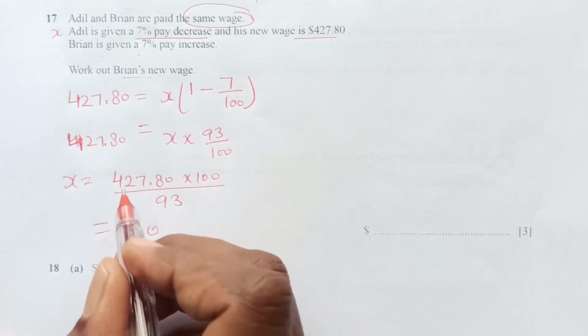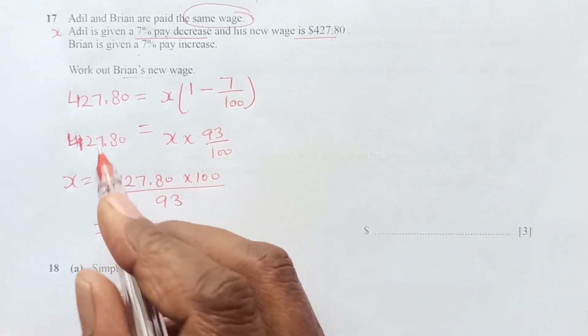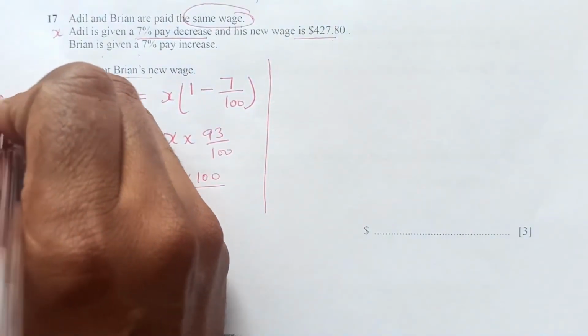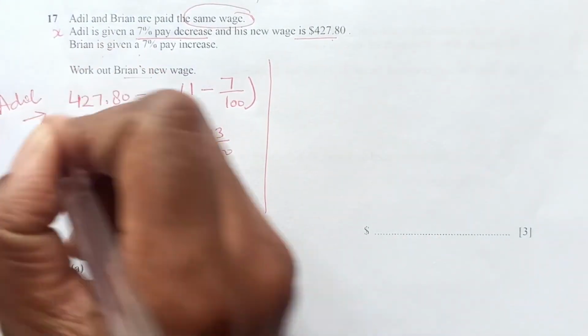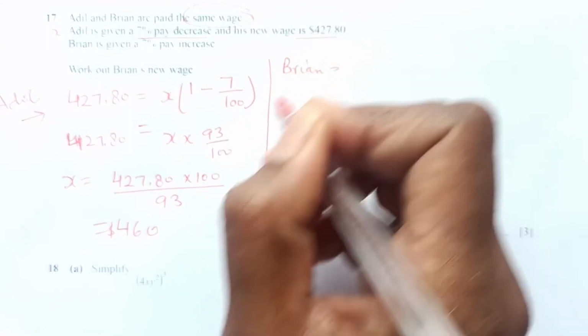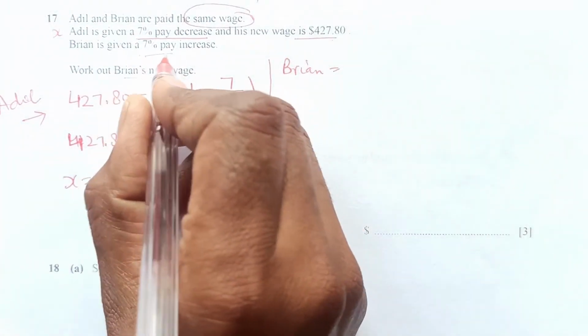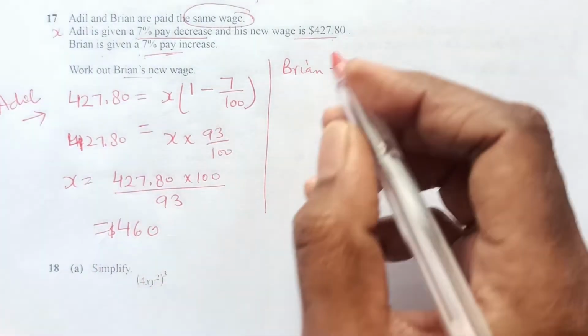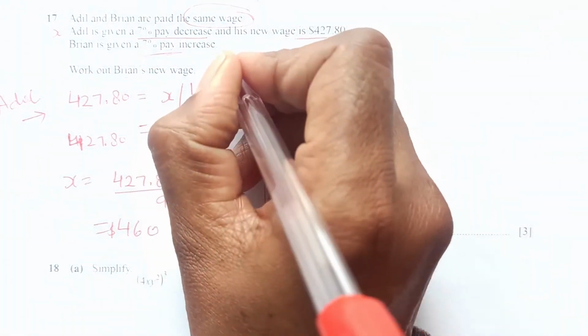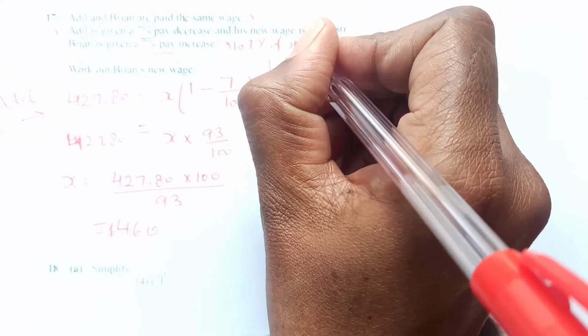So now what is this? This is the original wage of Adil, and this was all for Adil. Now Brian is given 7% increase on this. So that means this is going to be 107% of the wage which we have here, x.